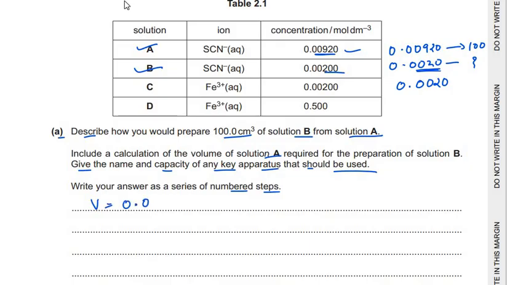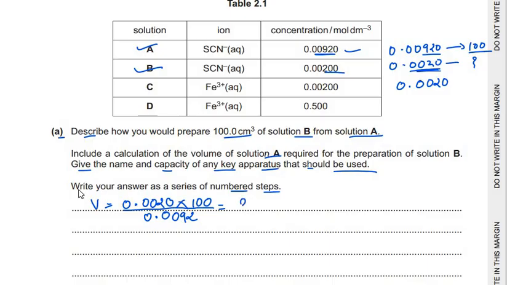Let's find that volume, showing the calculation here. It is 0.0020 multiplied by 100 cm³ divided by 0.0920, and this is how we get the volume of the 0.0920 concentration solution required to prepare 100 cm³ of solution diluted to 0.0020.